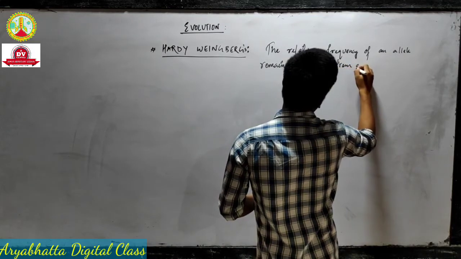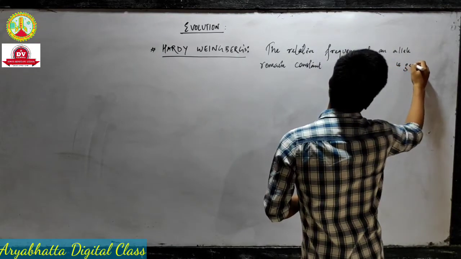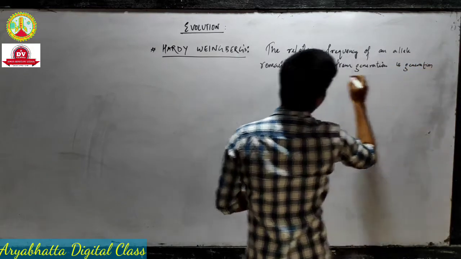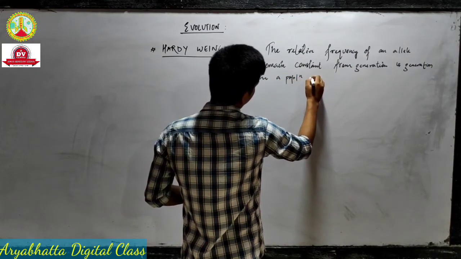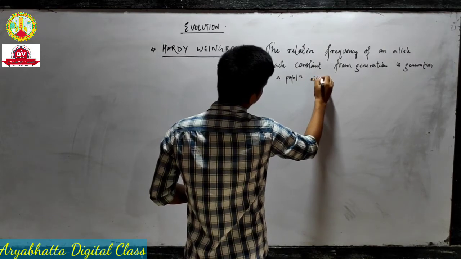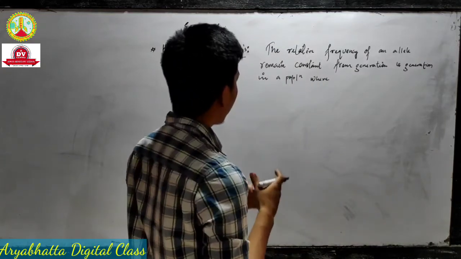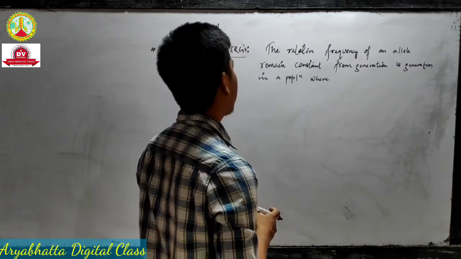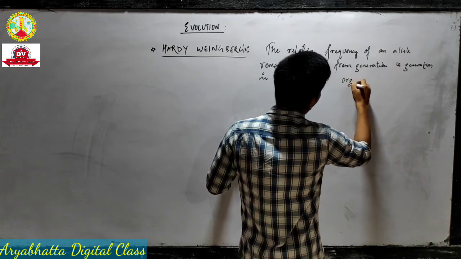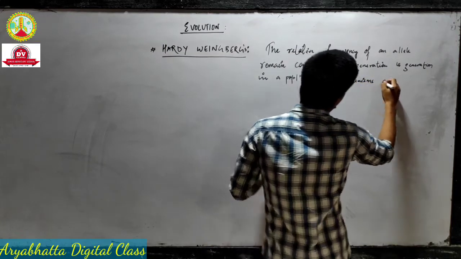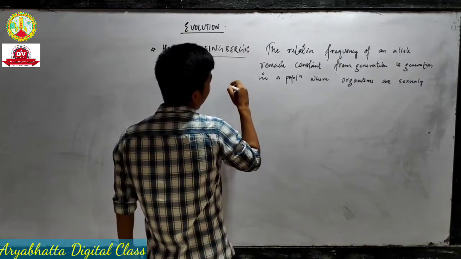from generation to generation in a population where organisms are sexually, is it double L or single L?